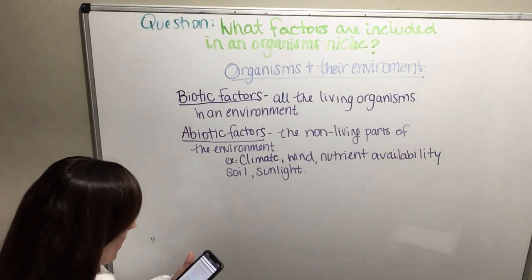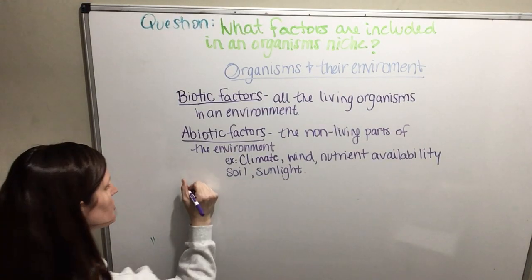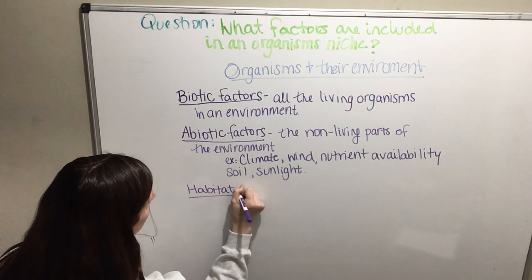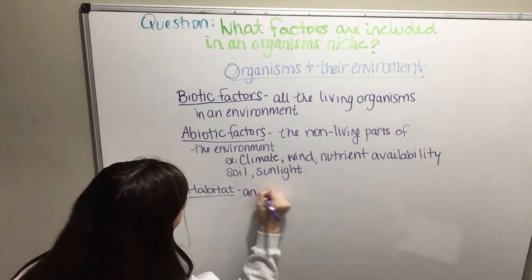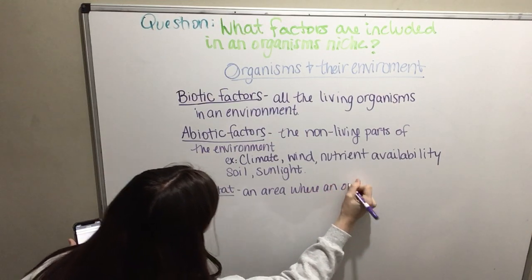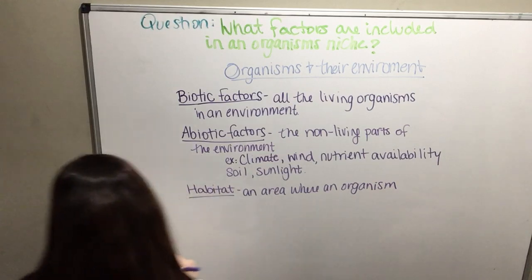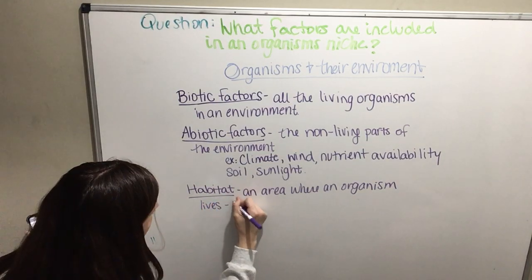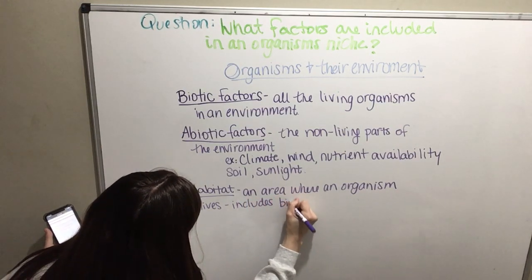Okay, so we have biotic factors and abiotic factors. Another terminology that you need to take note of is habitat. A habitat is an area where an organism lives, but it includes both abiotic and biotic factors.